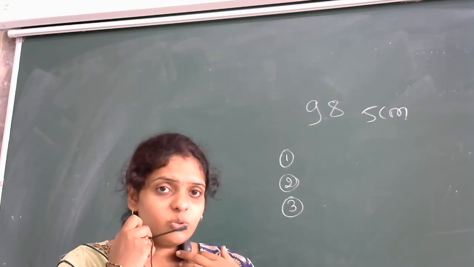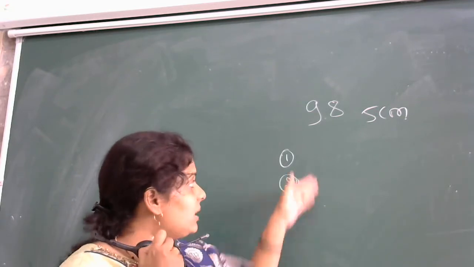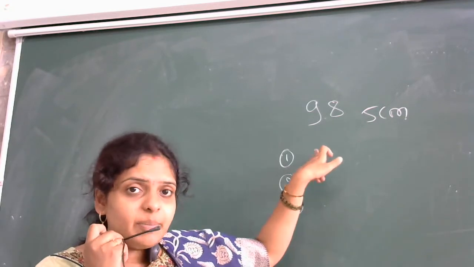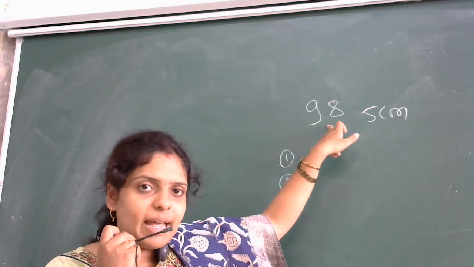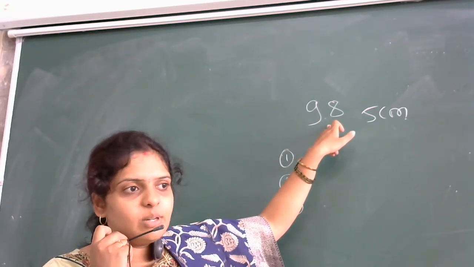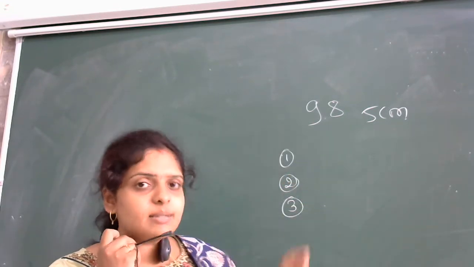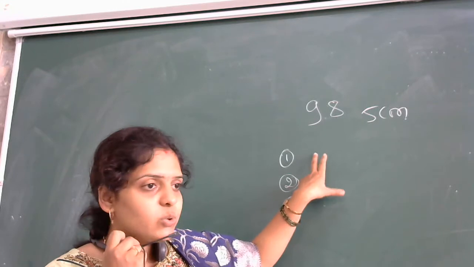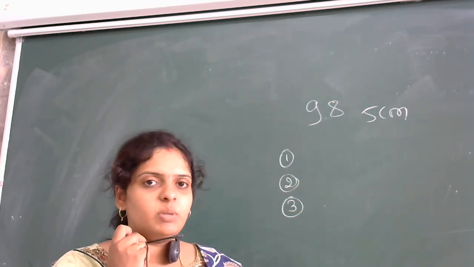Different persons may get different readings. How close your measured value is to the standard or actual one is known as accuracy. How close the trials are to each other is known as precision. Is it clear?